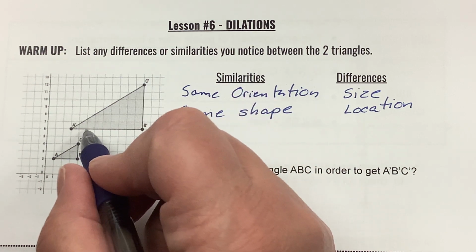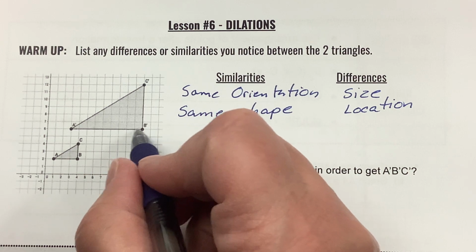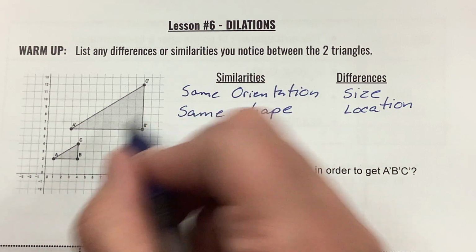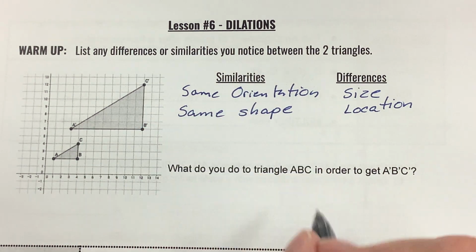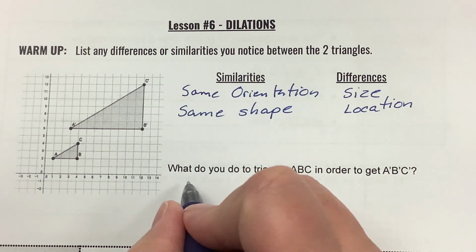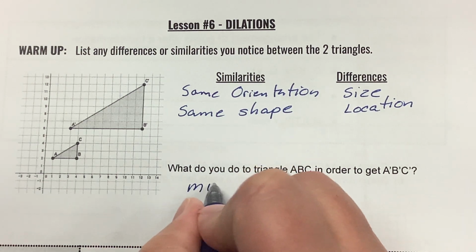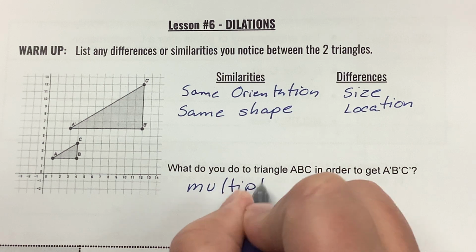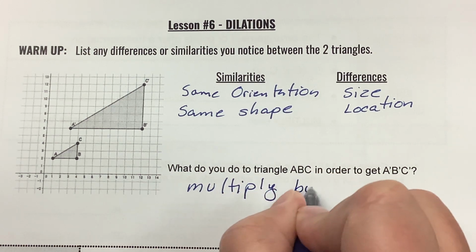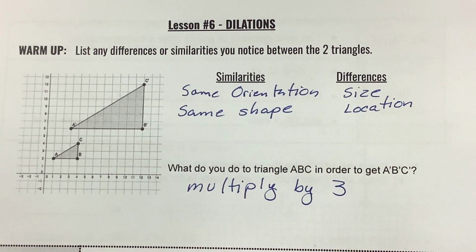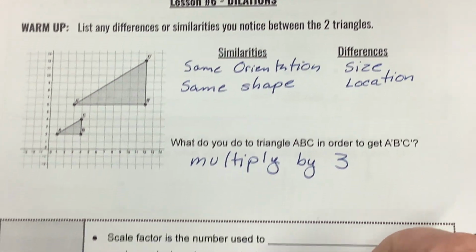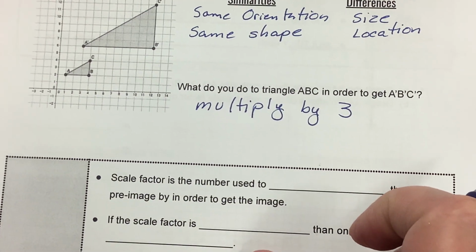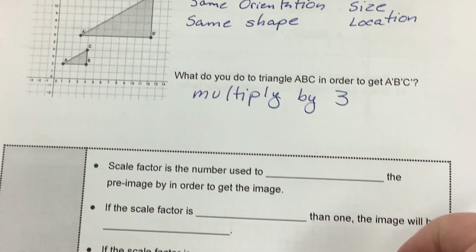Let's see, this is 2, 4, 6, 8, 9. 3. I think you multiplied by 3. That's what I think.